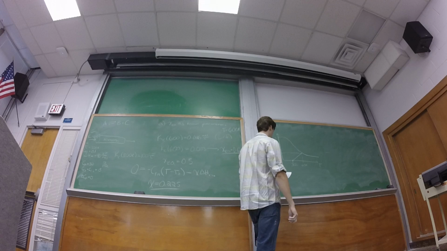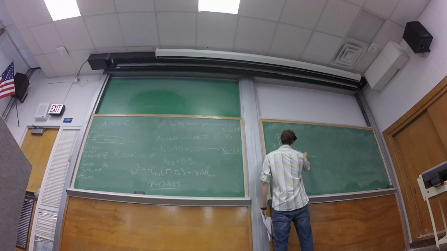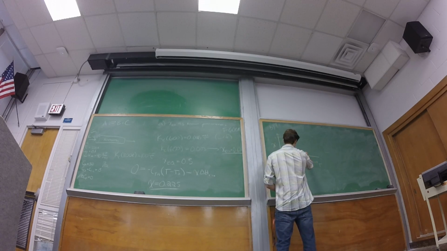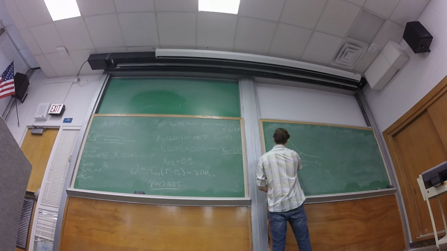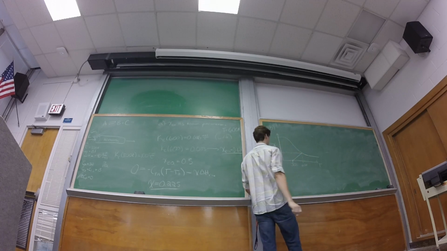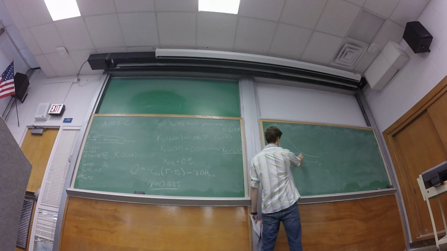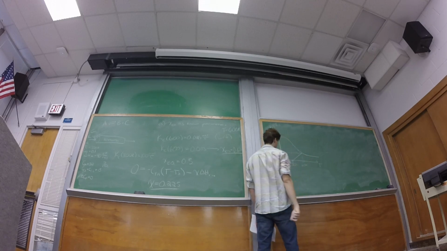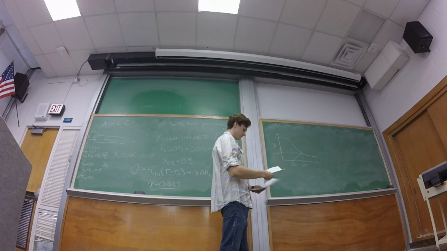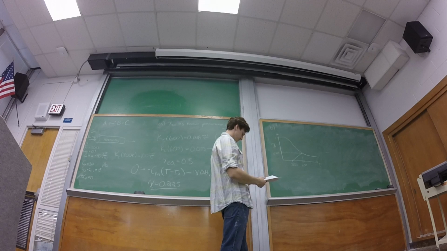And from here, you can just draw down, and you'll get some temperature, and you draw over, and you get some conversion. So basically, use the points you have, the 300 and 600. Draw a line out until it intersects the equilibrium curve, and whatever temperature and conversion that is, is your answer.